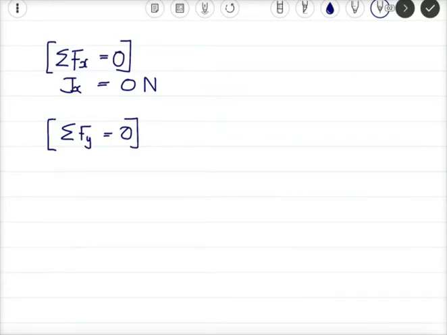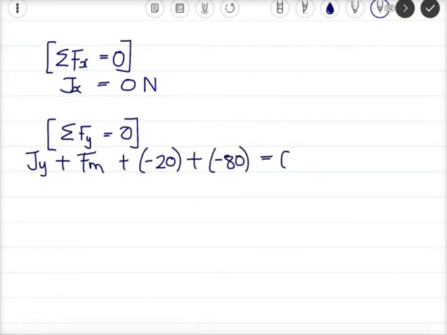So we have, by our designation, Jy pointing up, Fm also pointing up. Remember, muscles generate tension, so it has to pull. And then we have the weight of our arm pulling downwards towards the center of the earth, and the weight of the ball doing the same. So if I substitute in what we found from our moment equation, we have 775 newtons in our muscle force, and then I just evaluate out this.